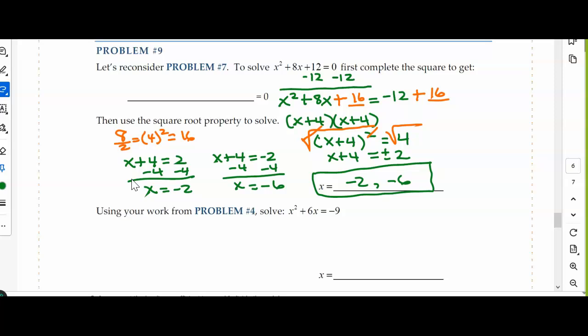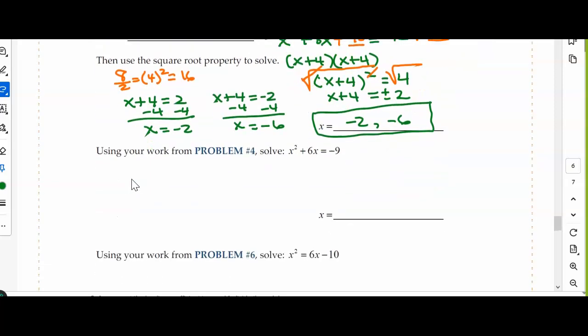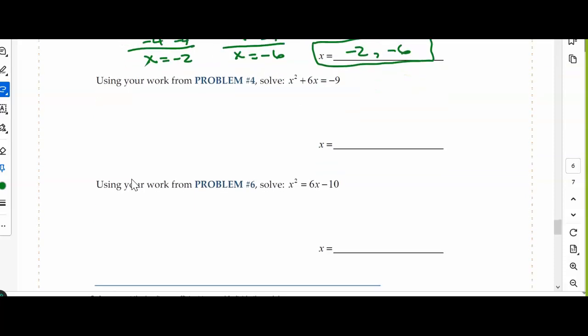So again, the biggest part to remember on here is that we have to take half of the middle term and square it. Okay, so on this one, we already have that constant term on that side of the equation, so that's good. All right, so now I just need to put some blanks in here.